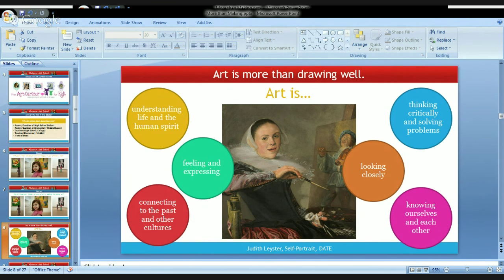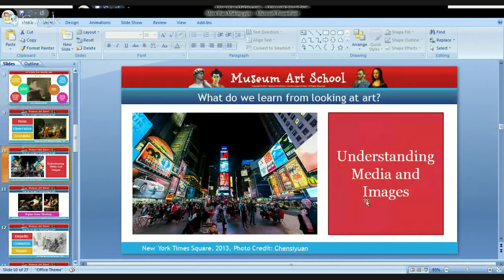So some other comments about this question have popped up in the chat while I was saying that, so I'm going to highlight some of those. Observe what is out there, see with artist eyes. I love that. Our world is so bombarded with images everywhere all the time. And here's a little picture showing that, and they're fast paced.